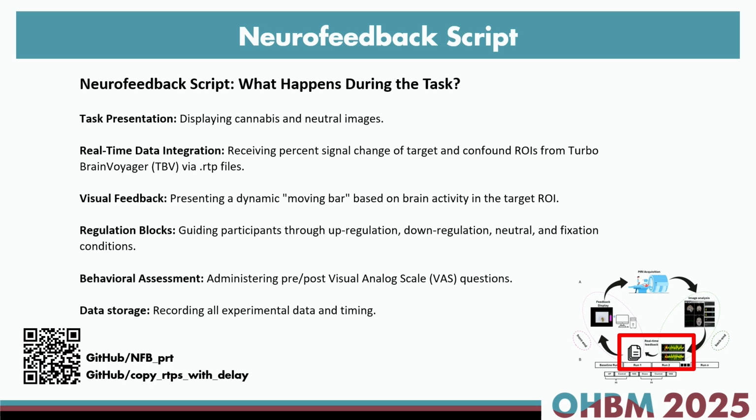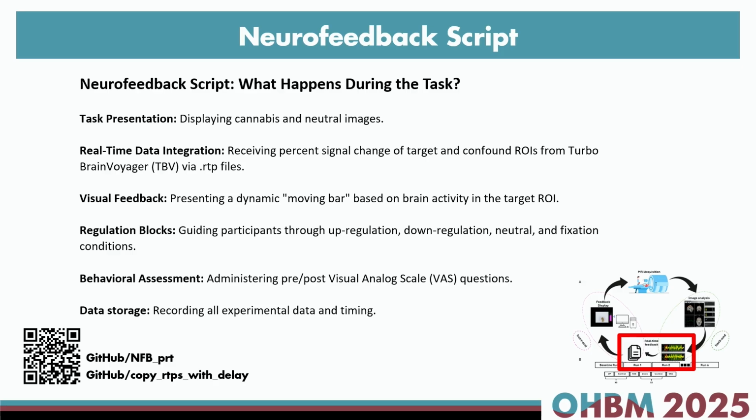And in your neurofeedback script, this is the task that you want to show to the participants. What happens in your script is that, first of all, this task will show those images to the participant. It has a bar on the side that shows the feedback to the participant in terms of presentation. The other thing that it does is that it wants to access the generated data from TurboBrain Voyager, which was the RTP files, and the data within this RTP file related to your target or your confound region.